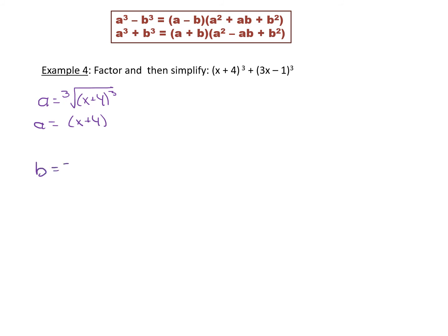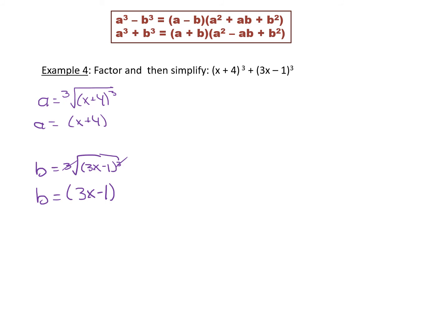B is the third root of my second term, 3x minus 1 cubed. So b is simply 3x minus 1, because the cube root and the cube cancel each other out. So that's our a and our b. Now we can go up to the formula and sub into the sum of cubes formula.